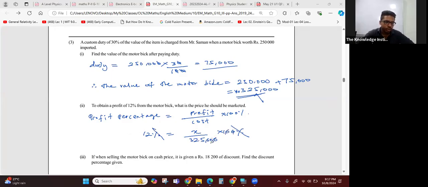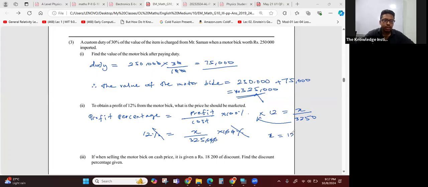This 20 can cancel with this 20. So then we have 12 equals x over 3250. Therefore x equals, so division, you take to the other side, it becomes multiplication.